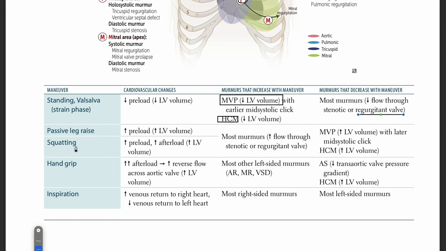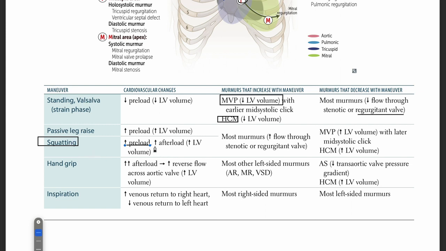Then you have squatting. Here you're creating more resistance on the peripheral side, but you're also increasing the preload because now you're closer to your legs, so the blood can travel into your heart faster, right? So that will increase the preload, but since you're also creating resistance, the blood going through the aorta is going to be backed up because of the resistance.